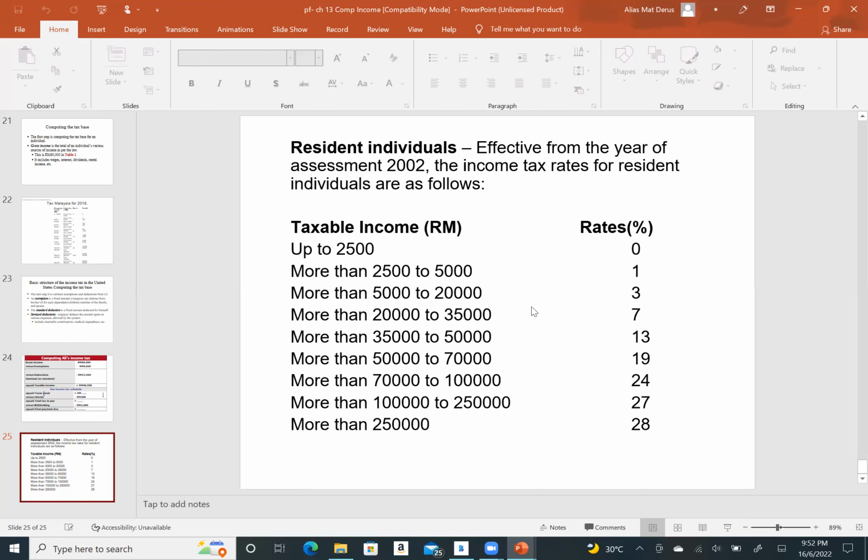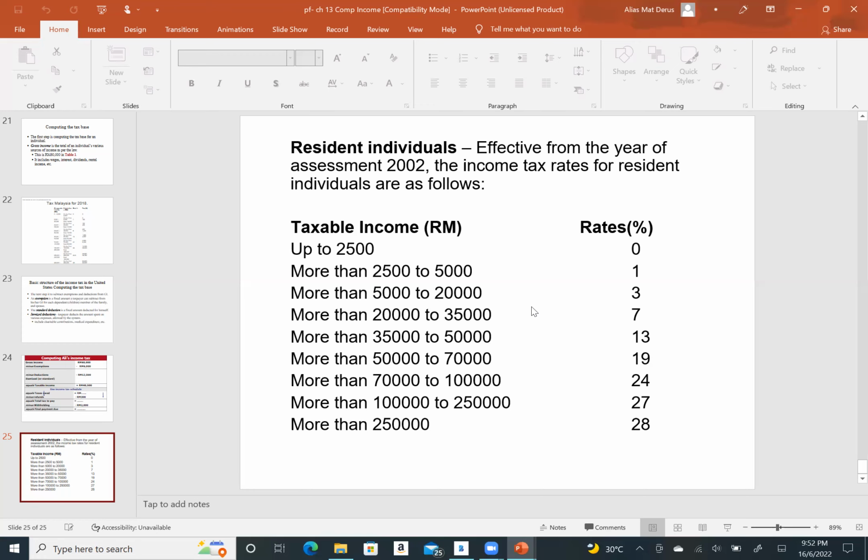That is progressive. That means the higher your income is, the higher the rates you pay for those different brackets that belong to your income. Actually, that is number three. What you identified is number three.